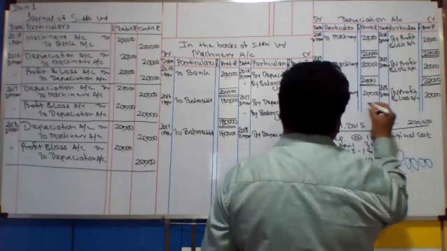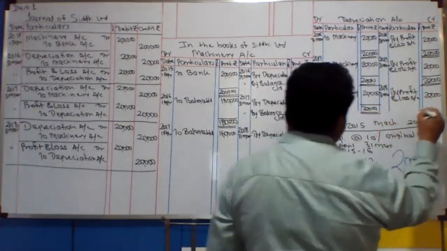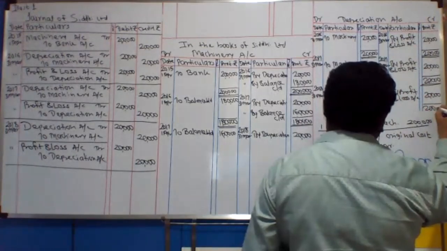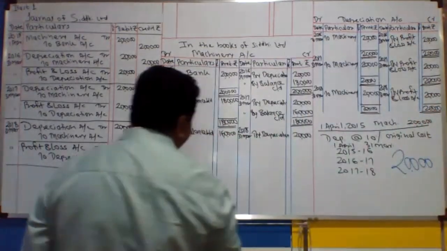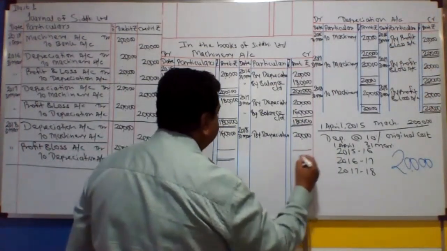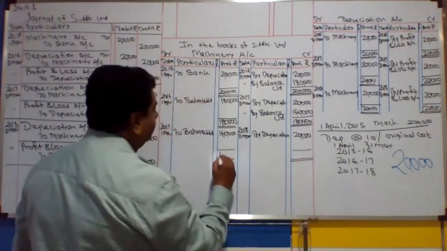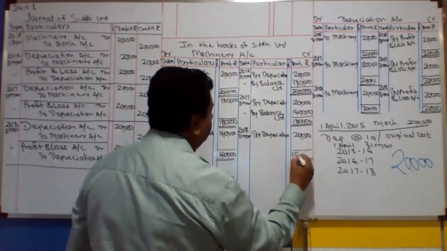Again, your depreciation account is getting closed. No balance, zero. ये हमेशा close ही होता है, always getting closed. But your machinery account is showing the balance. 1,60,000 minus 20,000.